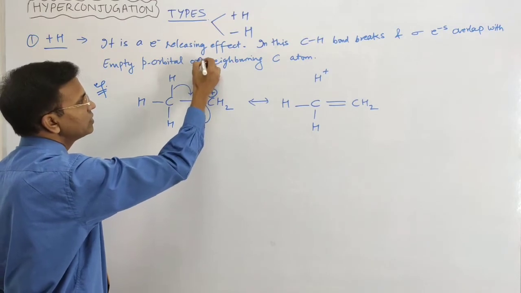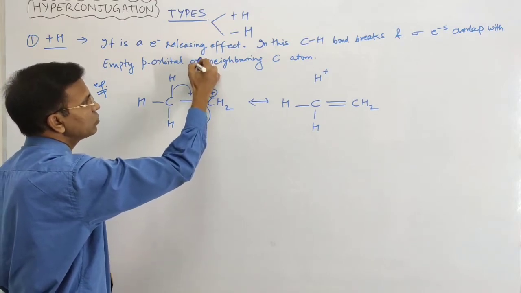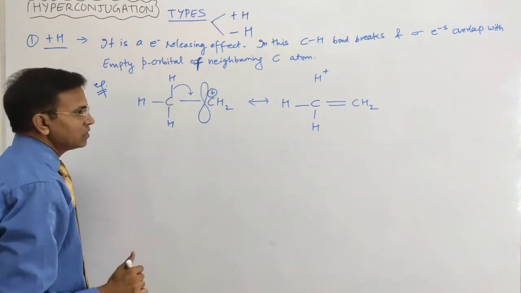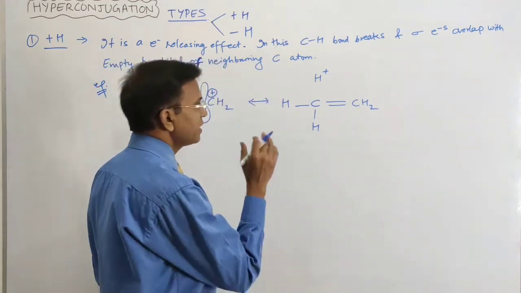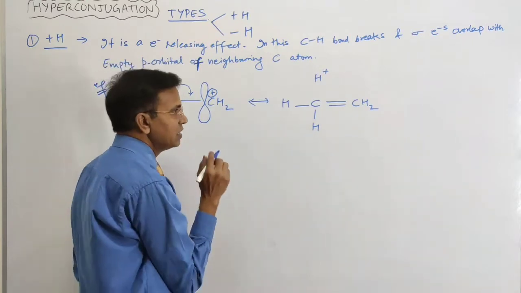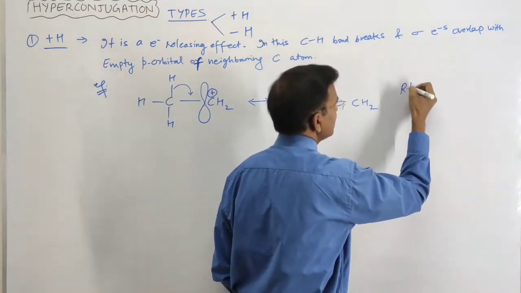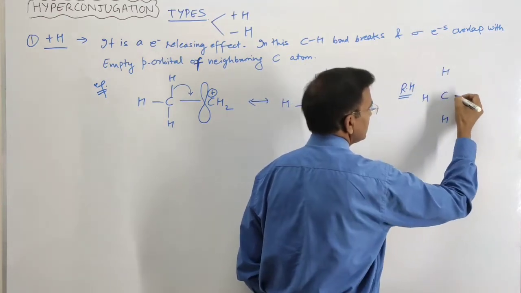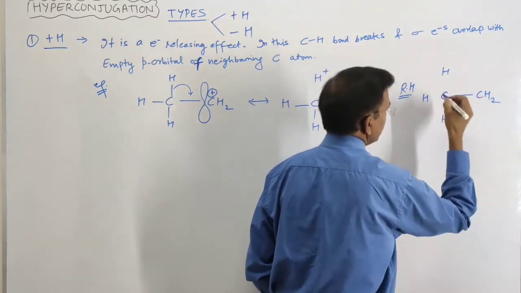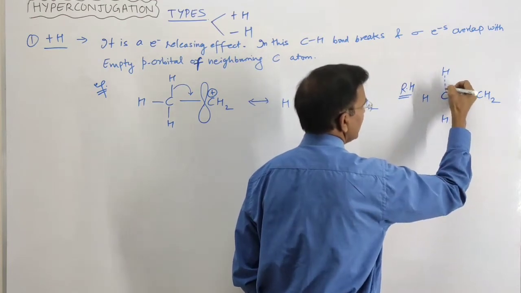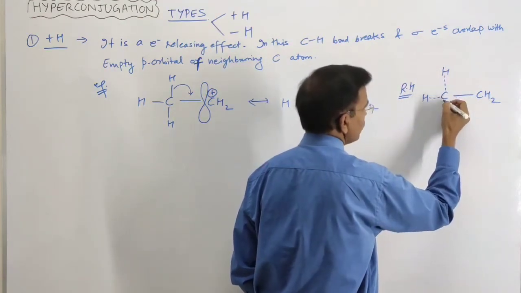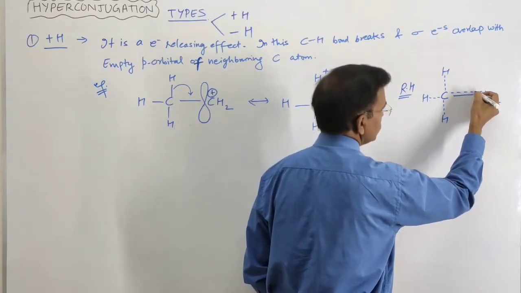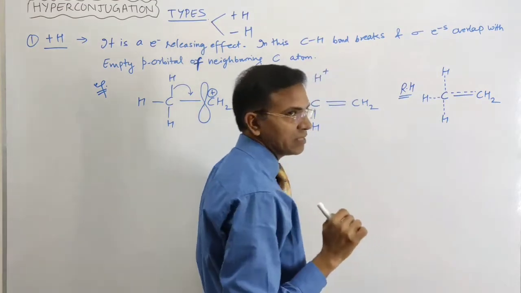So if we make the resonance hybrid of this, the resonance hybrid will be H, H, C, CH2. Here this bond is going to break. This also has the same probability. All the alpha hydrogens have the same probability to make the resonance, right?